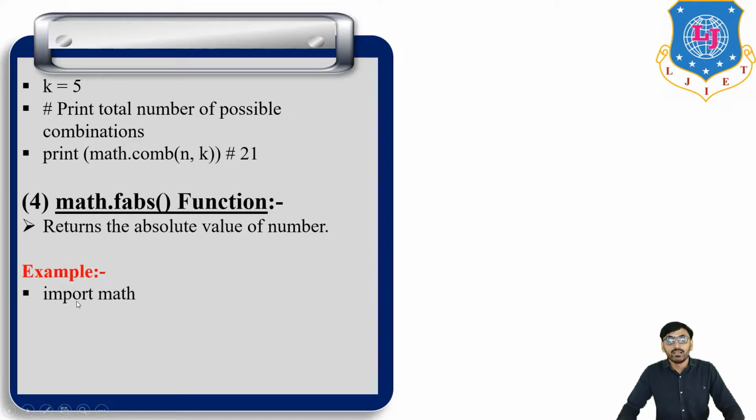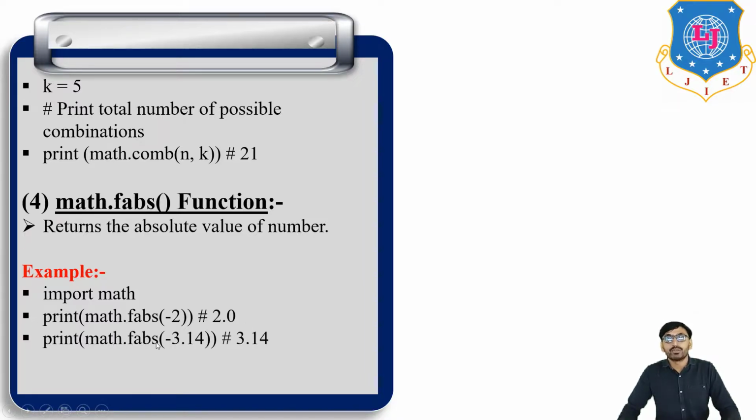For example, import math, then print math.fabs minus 2. The absolute value is 2, but the fabs function returns the value as a float number, so 2.0. Then print math.fabs minus 3.14, output 3.14. Then print math.fabs 0, output 0.0.